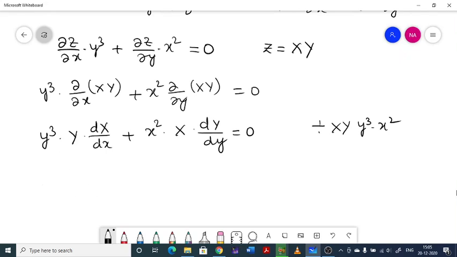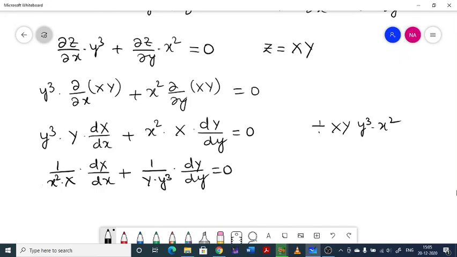Now y cube cancels, capital Y cancels, so I get 1 by capital X into small x square d capital X by d small x, plus here x square, x cancels, remains 1 by capital Y into small y cube d capital Y by d small y equal to 0.